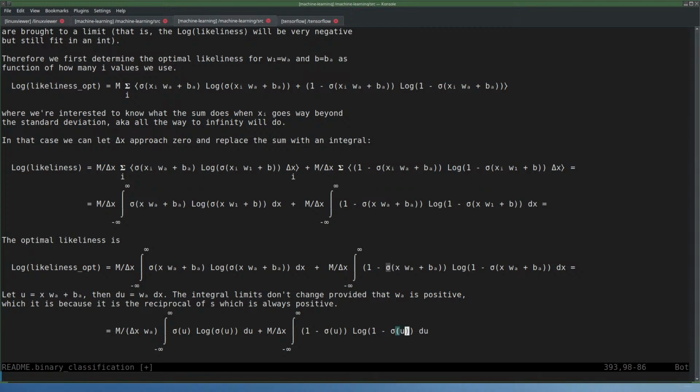And yes, of course, I forgot to immediately divide by that WA.